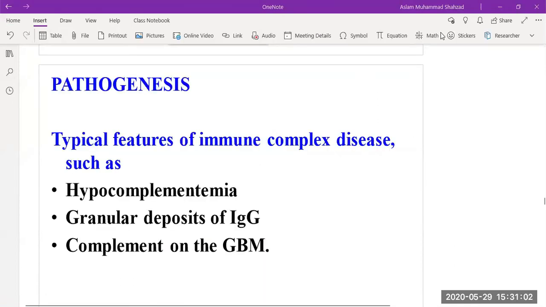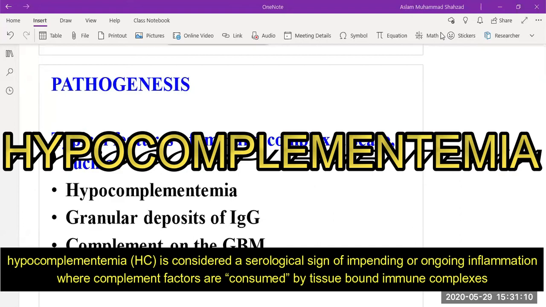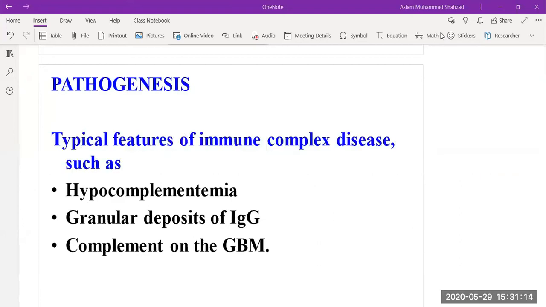When we take a look at the pathogenesis, it involves a typical immune complex disease, with hypocomplementemia, granular deposition of IgG, and complement activation of the GBM, the glomerular basement membrane.